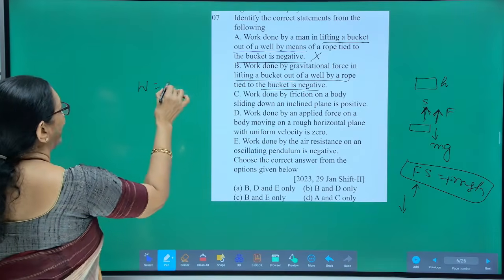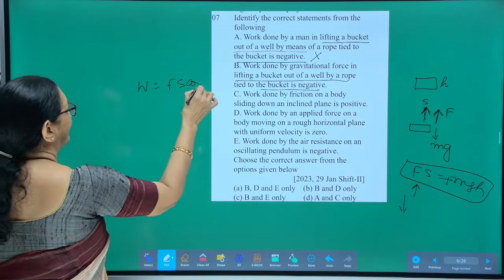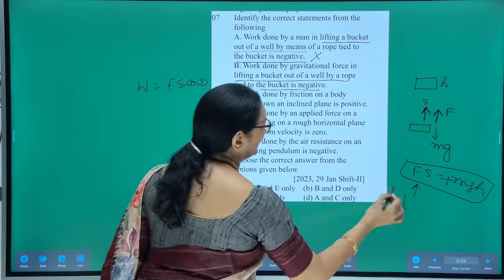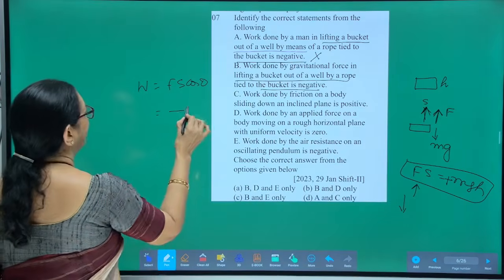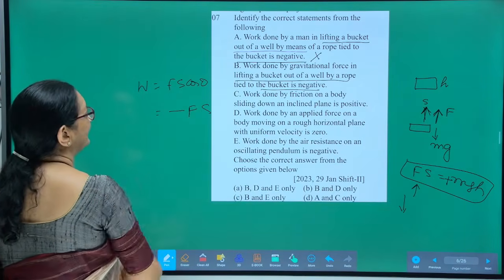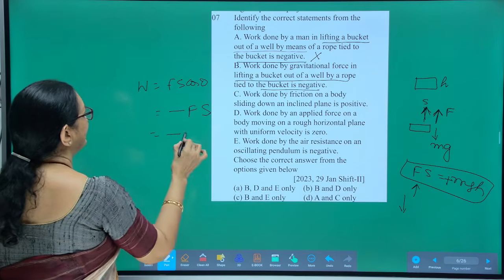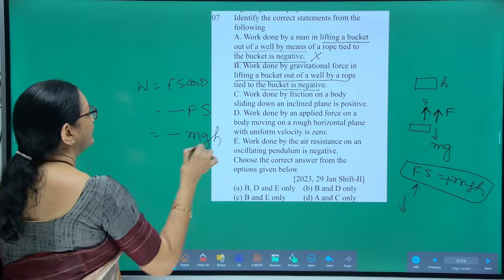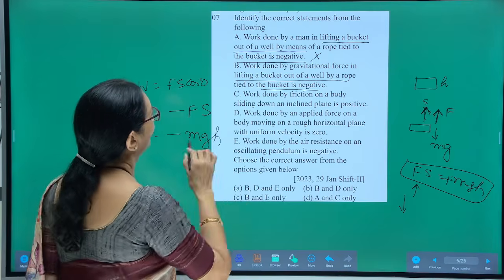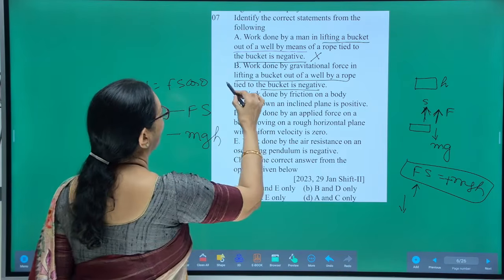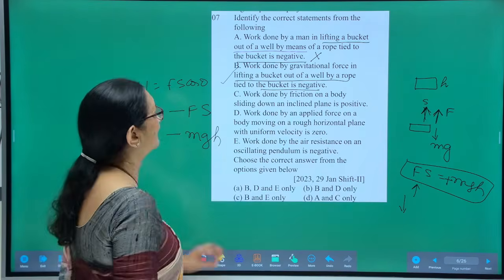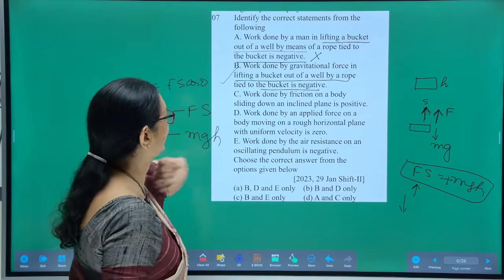As work done is Fs cos theta, the angle between force and displacement here is 180, so cos 180 is minus 1. So, it is minus Fs or minus mgh. So, work done by gravitational force in lifting the bucket out of the well is negative. That is a correct statement.